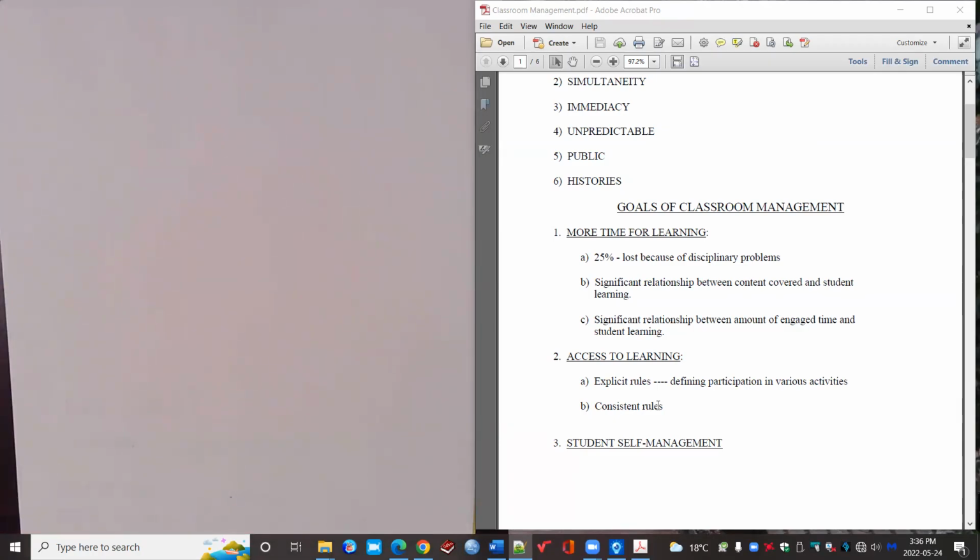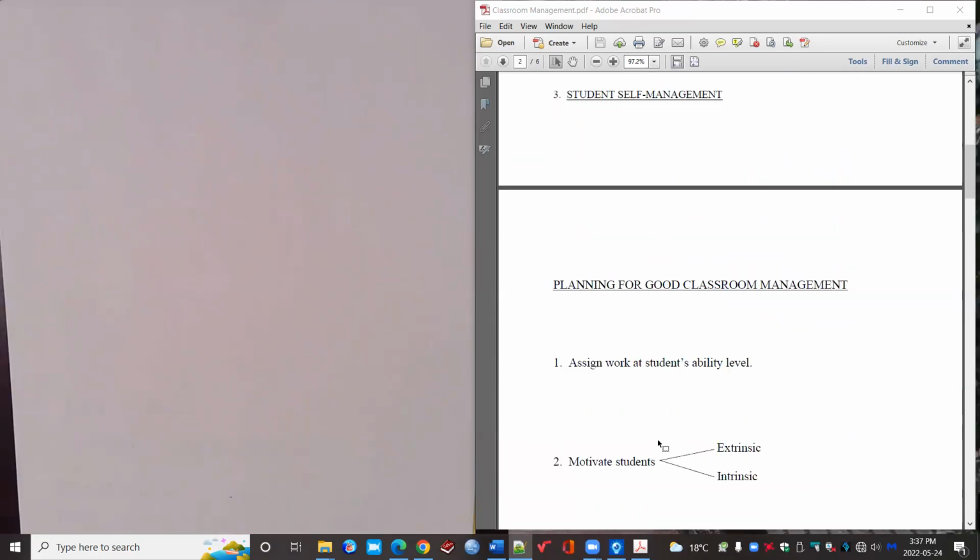Student self-management. To help students become better able to manage themselves. So these are the goals of classroom management.